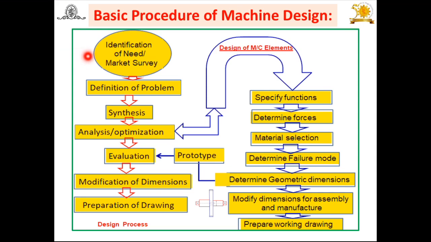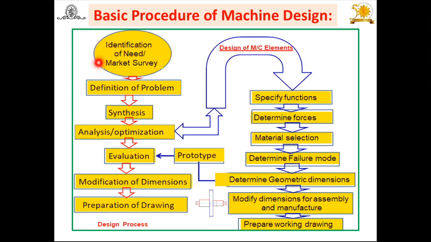The first step involved here is identification of need and market survey. What do we mean by identification of need and market survey? First of all, through the market survey, we have to find out the need of society, that is, of human beings.